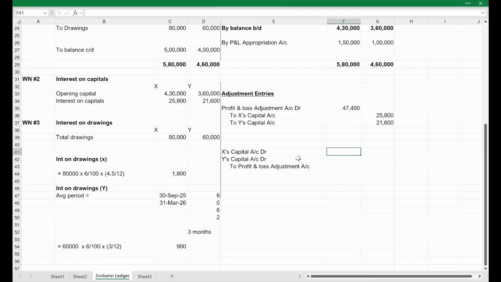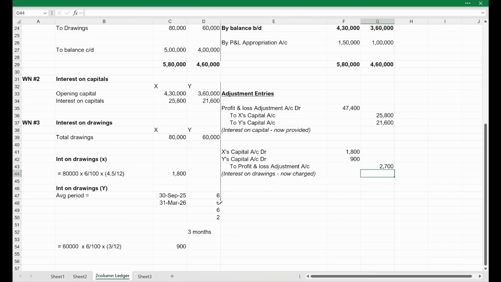If you recall, interest on capital is an expense for the firm, so we have debited the P&L adjustment. Interest on drawings is an income for the firm, therefore we have credited the P&L adjustment account. Please understand the distinction. So 1,800 and 900, totally the firm now gets an extra amount of 2,700.